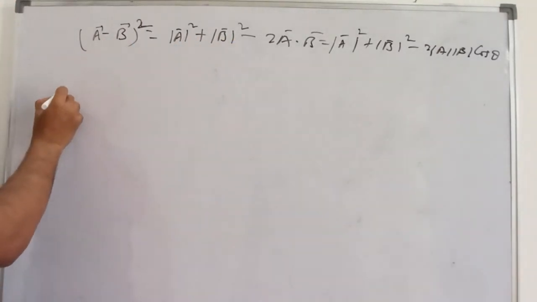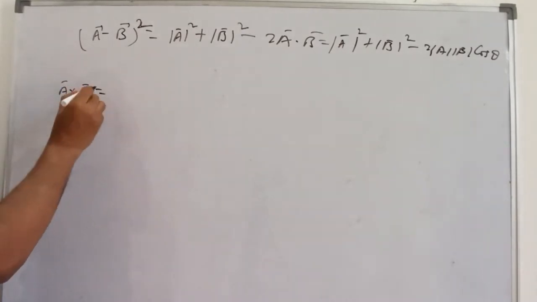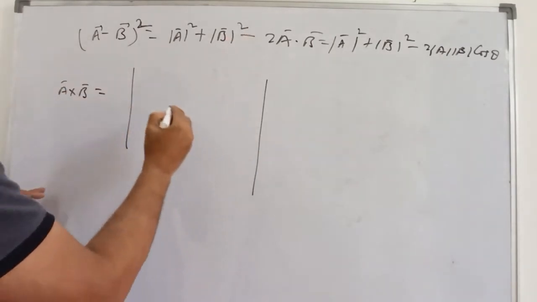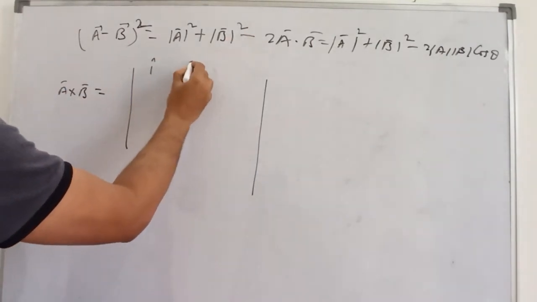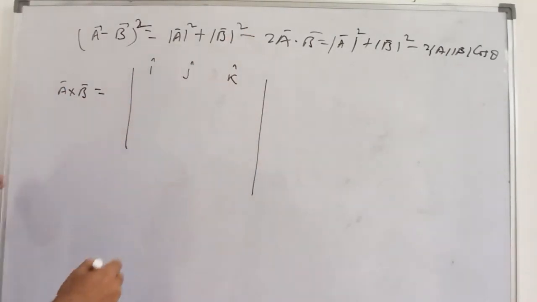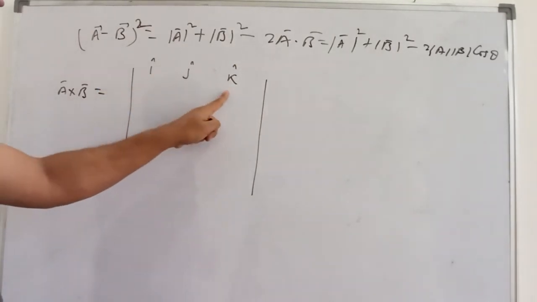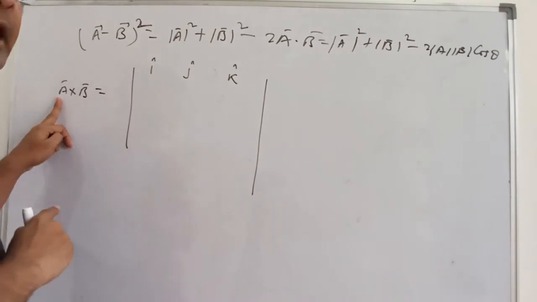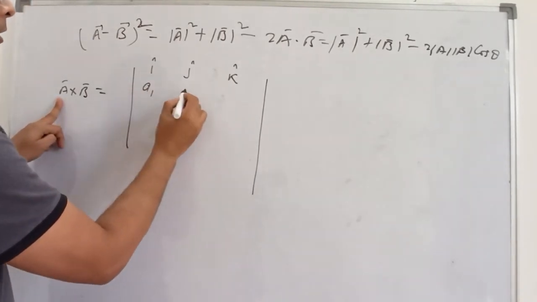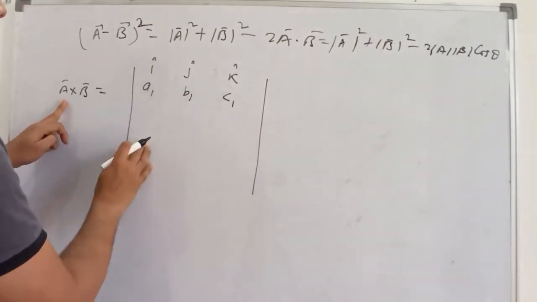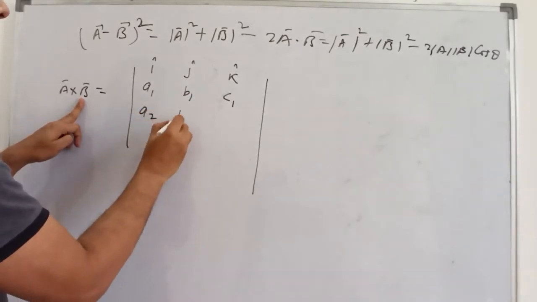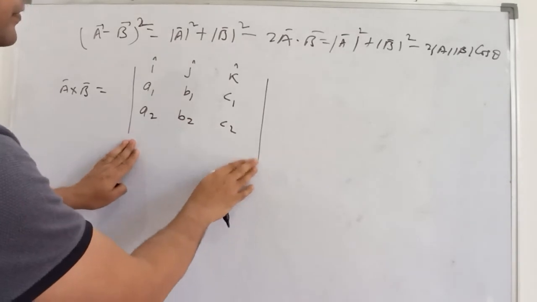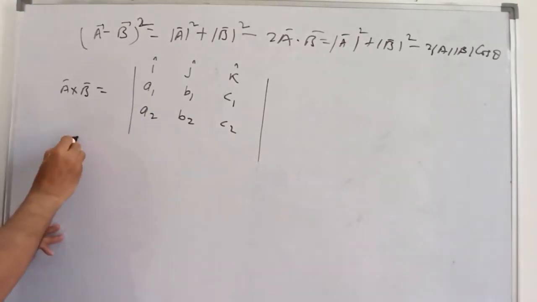And how to find A vector cross B vector? Just put two lines like this, i, j and k, in the same order, don't change the order. Now remember, A vector was A1, B1, C1 and B vector was A2, B2, C2. Now we have to cross multiply it.